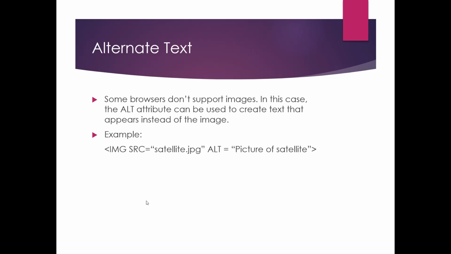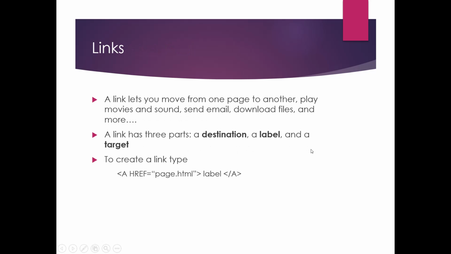Then we write alt, and the alt text will determine what the picture is all about. This is a picture of a satellite, so we can write that in double quotes. Whenever somebody lands on the image with the mouse cursor, you will get the text "picture of satellite" displayed over it. And when you move away from the image, the text goes away.